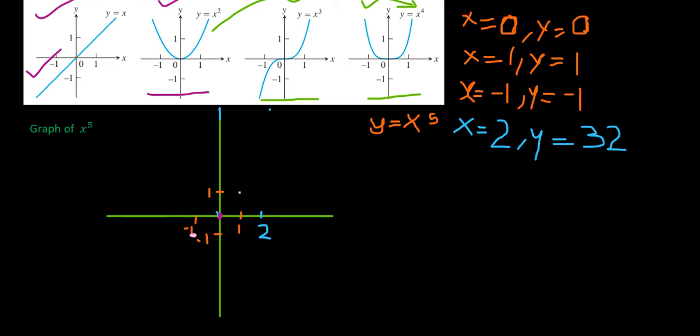Suppose we are taking 32 over here. If you want to reduce the space between the points, you can also reduce it on the y-axis to make it more clear.